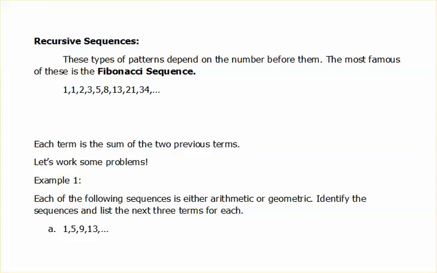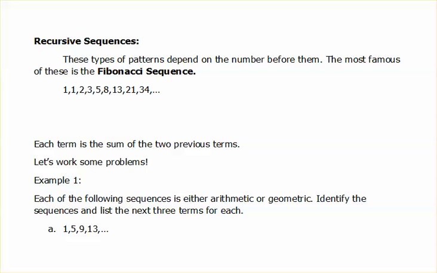The most famous of these is called the Fibonacci sequence, which was made really popular in Dan Brown's book, The Da Vinci Code, and in the movie. They were doing things with the Fibonacci sequence, so you may have seen or heard that before.